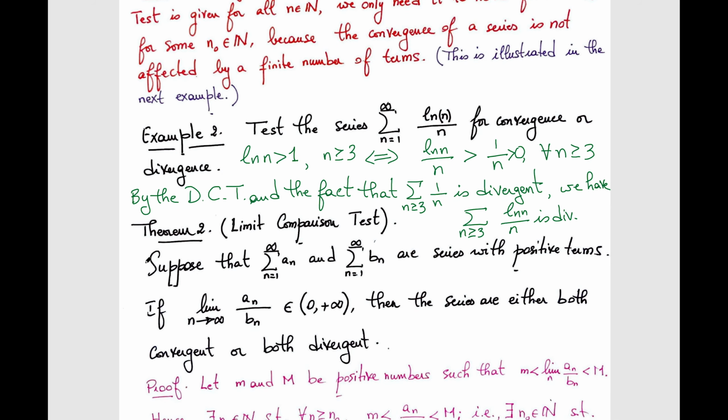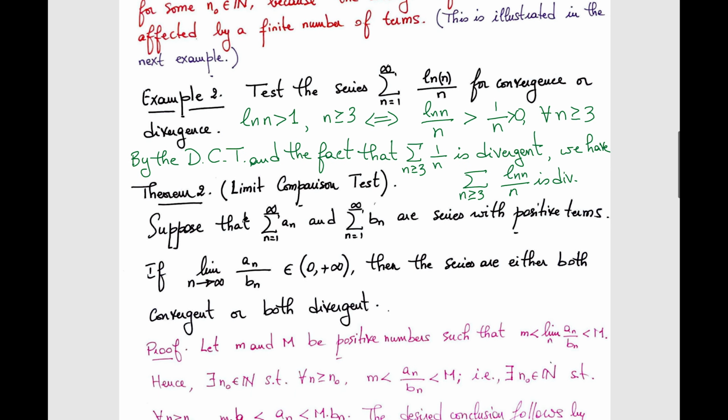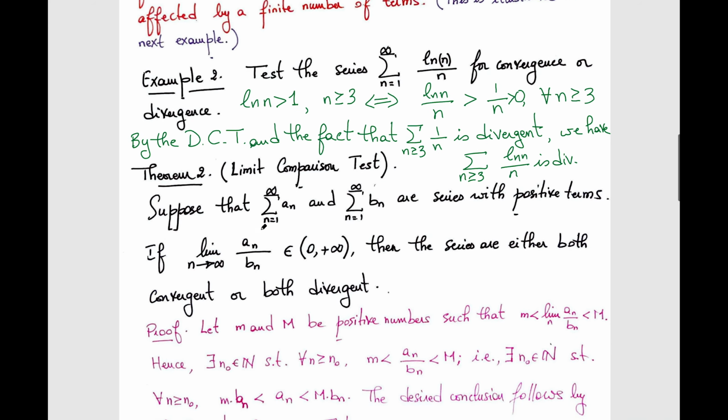All right, Theorem 2, limit comparison test. Suppose that you have two series whose terms are positive. So all of the a_n's and all of the b_n's are positive. And suppose that the limit as n goes to infinity of this quotient, a_n divided by b_n, suppose that this limit is a positive and finite number.